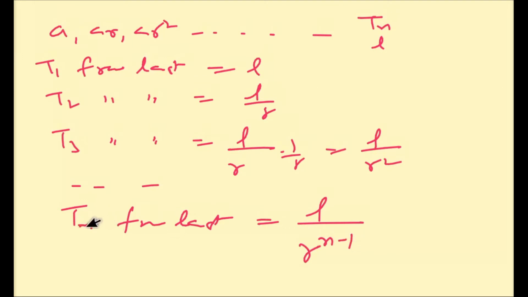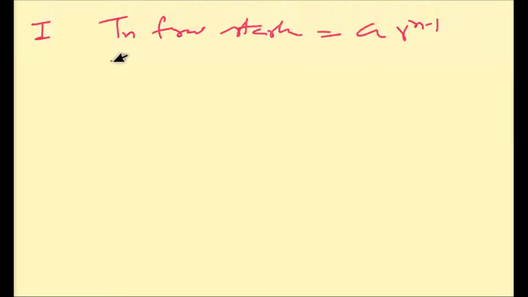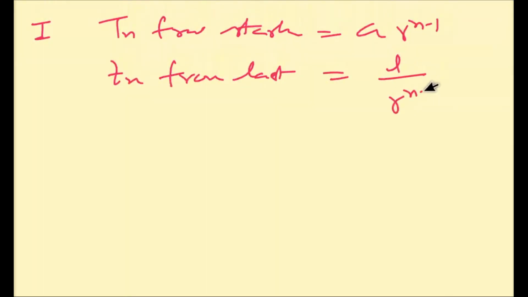Okay student, so we have learned the first formula, Tn from starting, that is AR n minus 1, and Tn from last, that is L upon R n minus 1, where L is the last term.